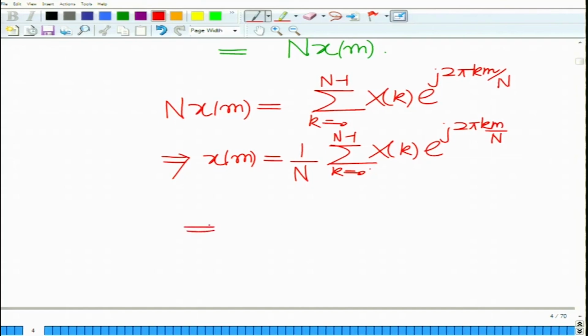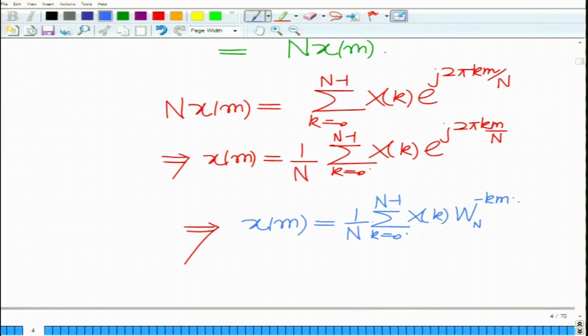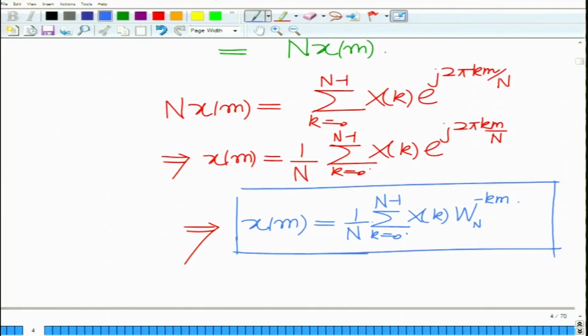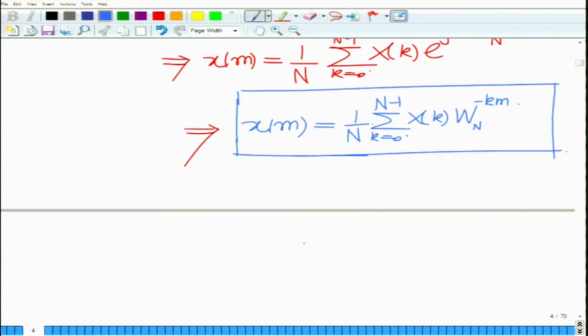So this implies x[m] equals 1 over N summation k equal to 0 to N minus 1 X[k] W_N raised to minus k m. Okay. So this is the expression for the IDFT, the inverse discrete Fourier transform.